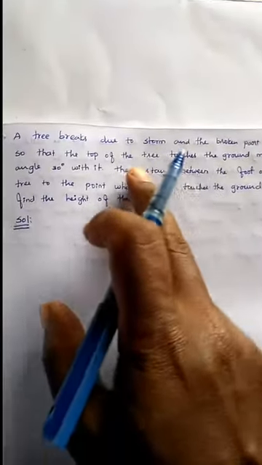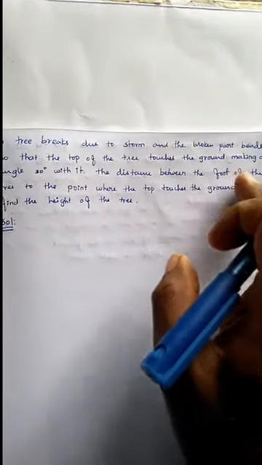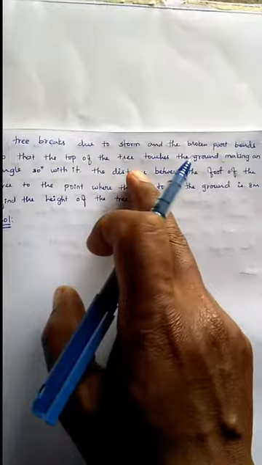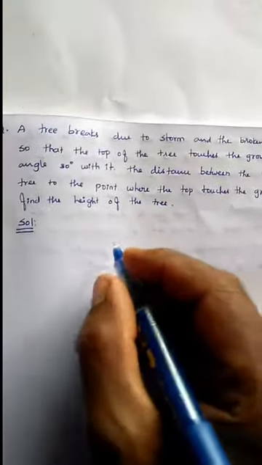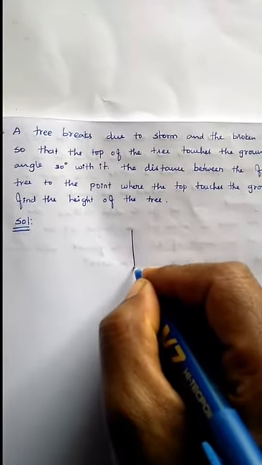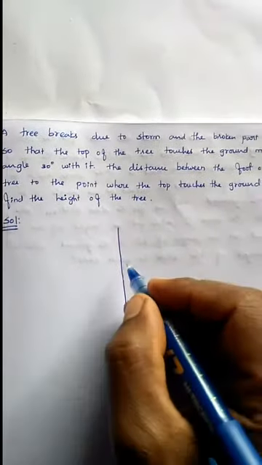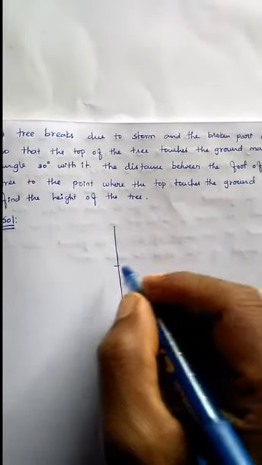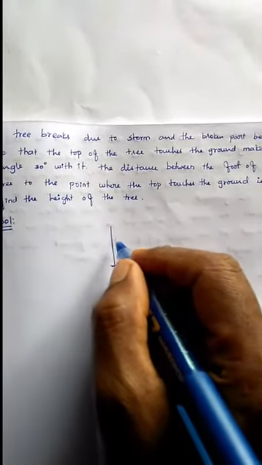So one tree breaks due to the storm and the broken part bends so that the top of the tree touches the ground. So let's consider one tree like this. Due to the storm some part of the tree is broken, maybe this is the broken part.